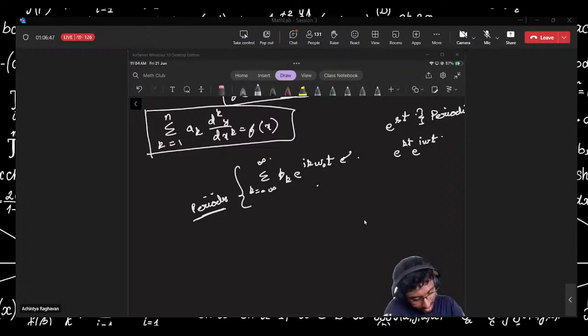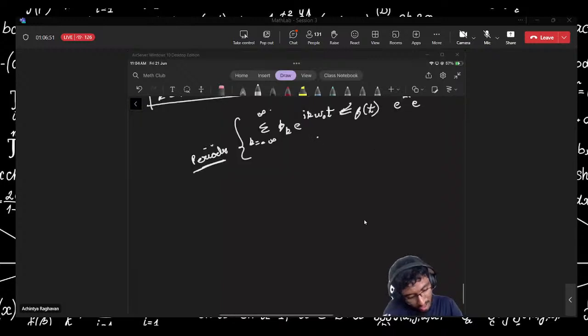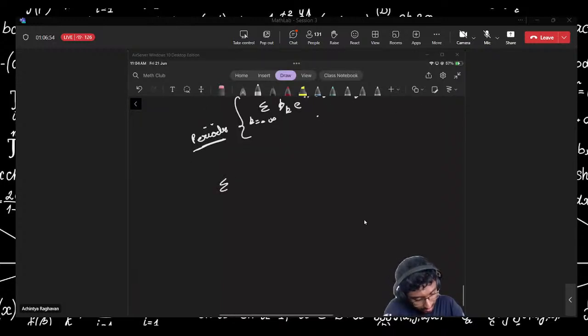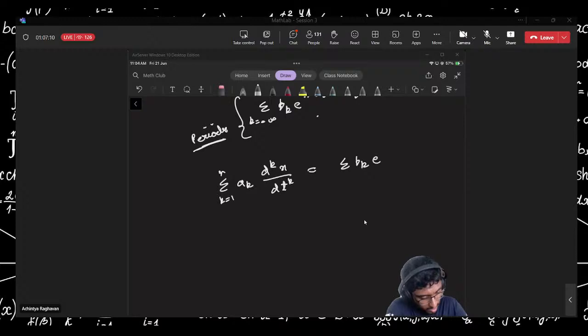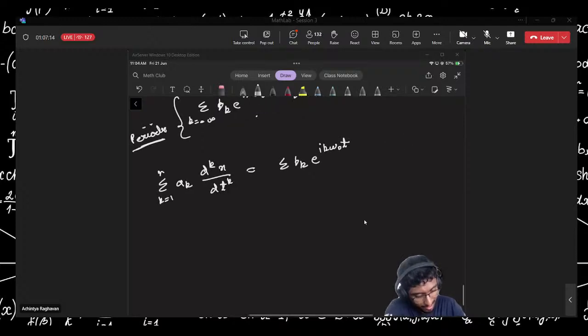So we say we are looking at this is equal to f of x, or f of t in this case. So if we have a differential equation of the form, okay, so we're doing t, right? Let's do t. X is equal to summation b_k e power ik omega naught t, with k from minus infinity to infinity.